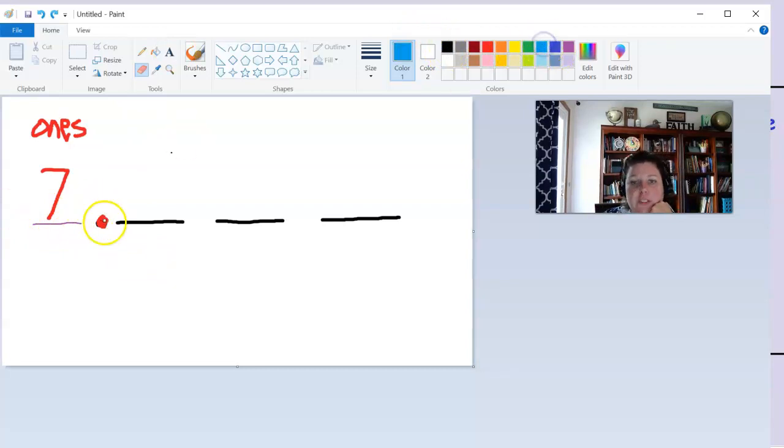Okay, so easy as 1, 2, 3. Watch what I'm going to do here. Here's my decimal. Easy as what? 1, 2, 3. So start at your decimal. Move to the right.